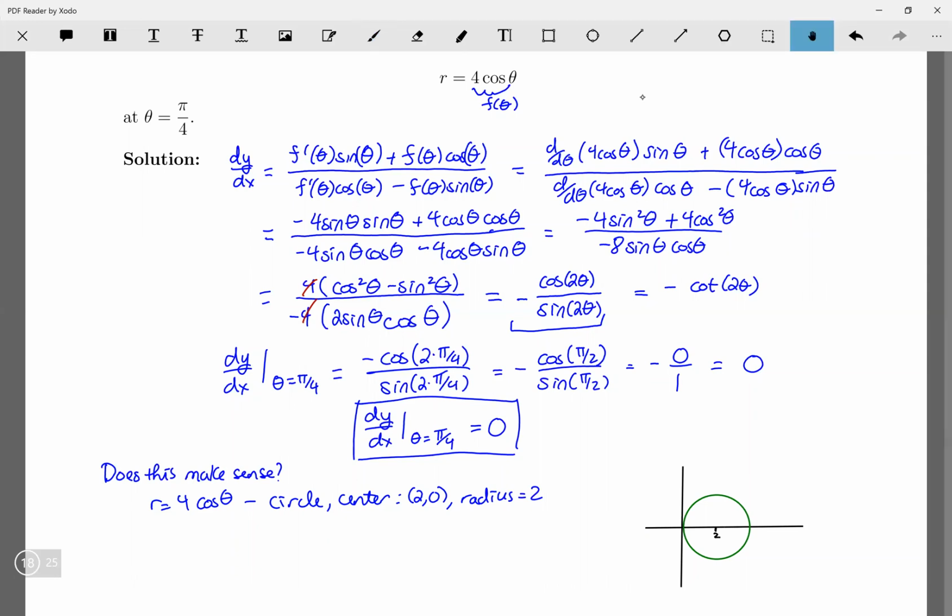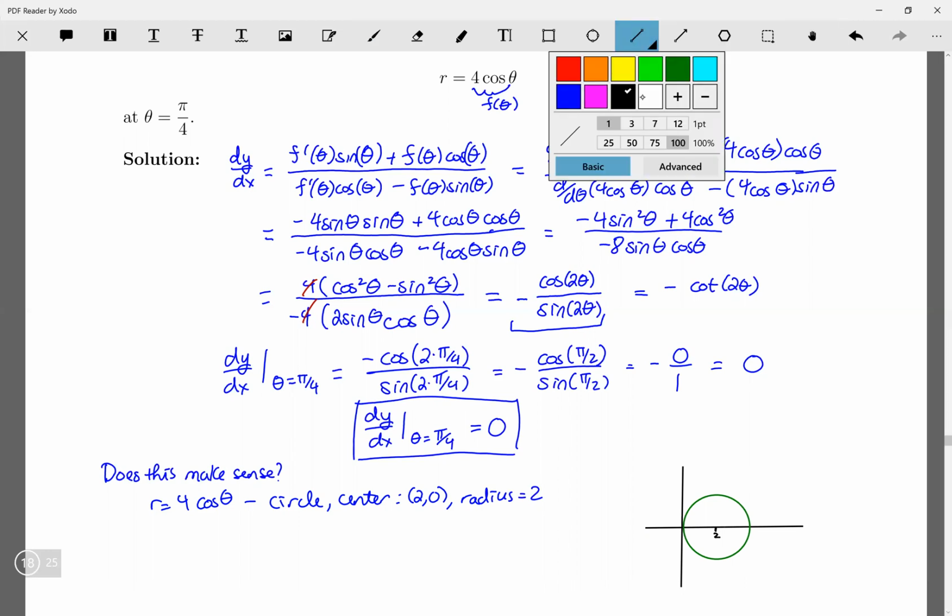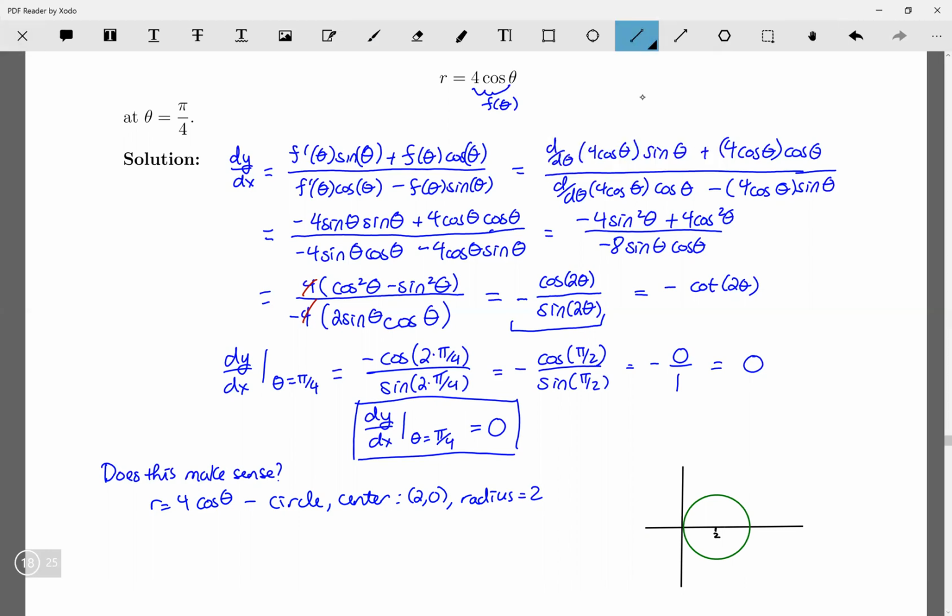So pi over 4 we know is a 45-degree angle, and if I were to draw the tangent, what would the tangent be? Well, I know that at pi over 4, my r is 4 cosine pi over 4, which is 2 root 2.